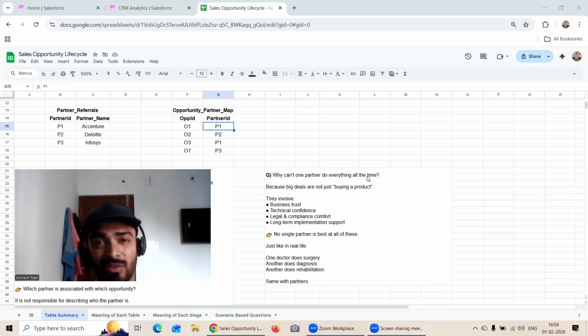Because support just needs checking that everything is working fine. Let's say the complete dashboard is built and they just have to add one more field on the values table. In that case, a support team is enough. And maybe they don't want to provide that much money for the support part. So they might go for companies willing to work within that constrained budget. So there are many ways, and no single partner is best at all of this.